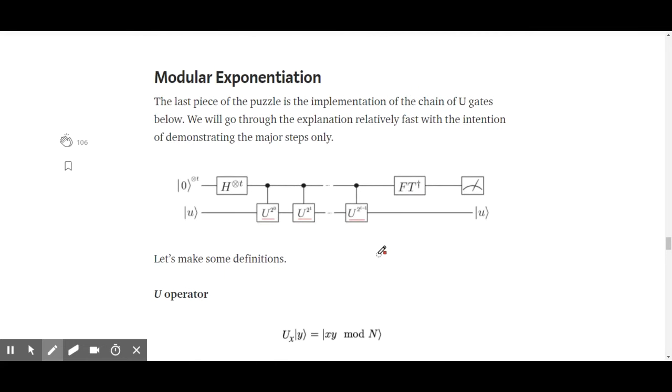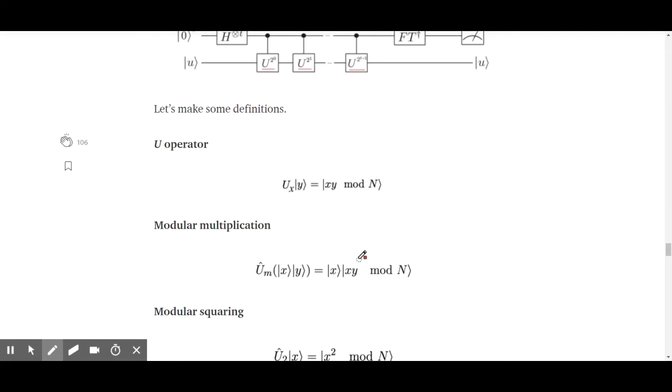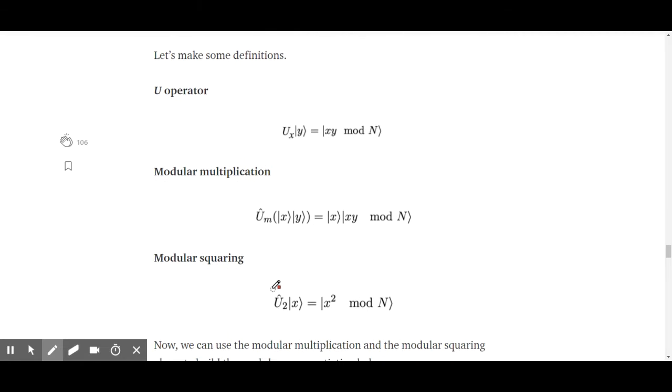Modular exponentiation. The last piece of the puzzle is the implementation of the chain of U gates below. We will go through the explanation relatively fast with the intention of demonstrating the major steps only. Let's make some definitions. U operator, modular multiplication, modular squaring.